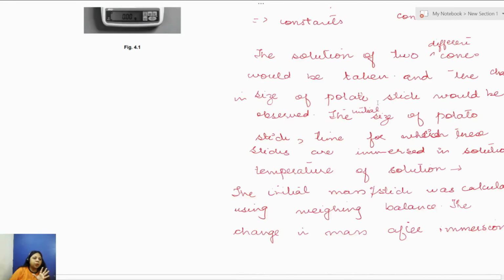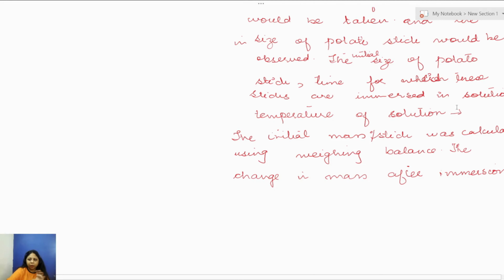Most of the time the word is given in the question statement, so you can choose from there. If you have selected 10 minutes or 5 minutes, or if there's no need to mention the time, write after a specific time or after a given time. Okay. Now this is how you carried out the experiment. This is point number 4.